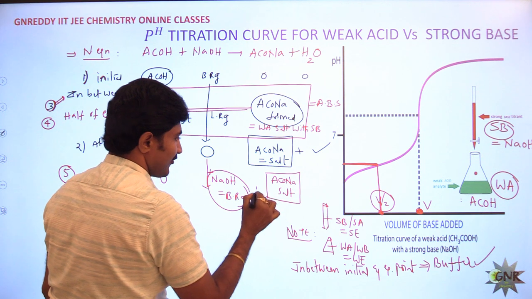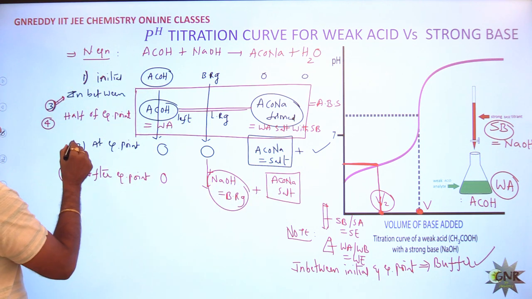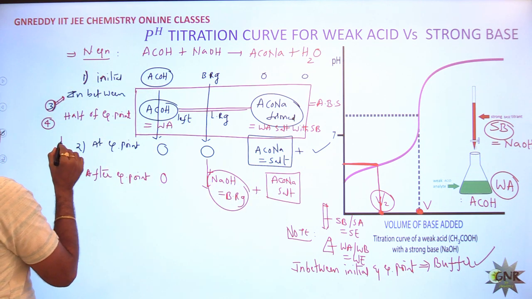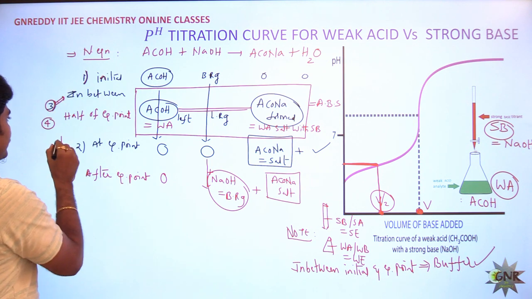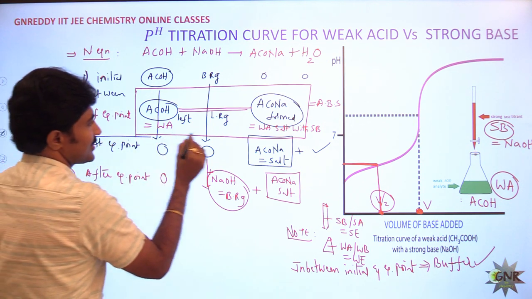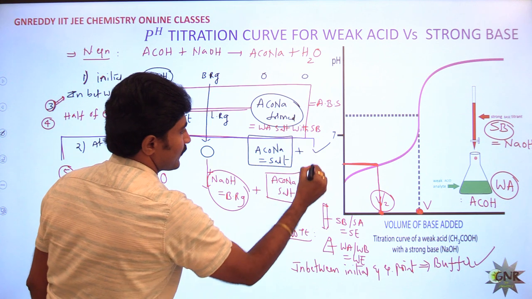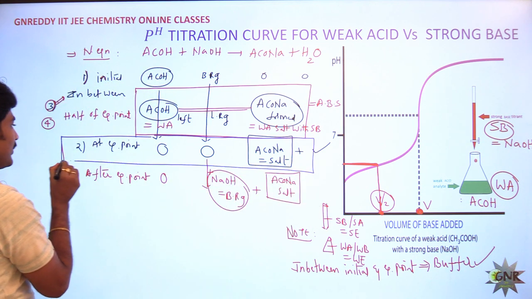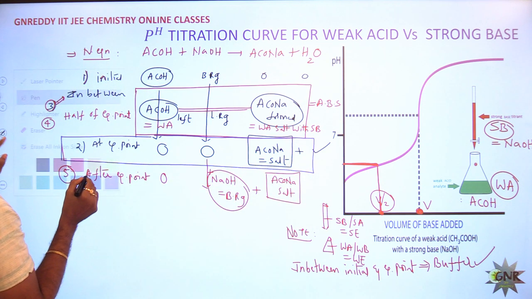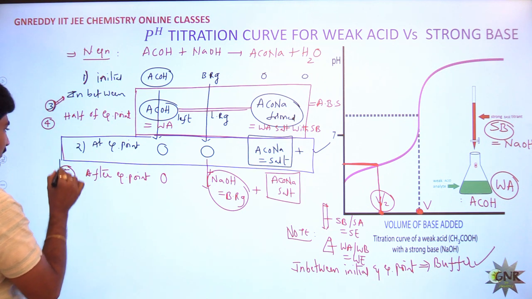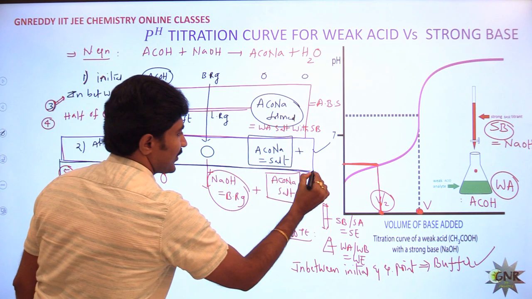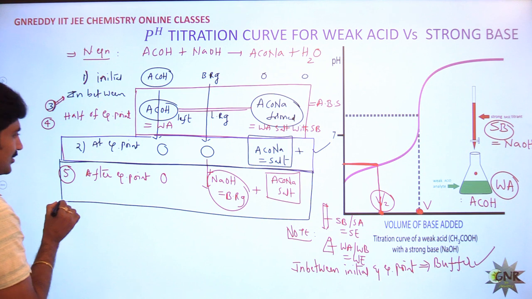So this mixture will be formed here. If you look at this one, at equivalence point, this will be formed here. At equivalence point, this is the mixture, and after equivalence point, this will be there: a mixture of NaOH and sodium acetate salt.